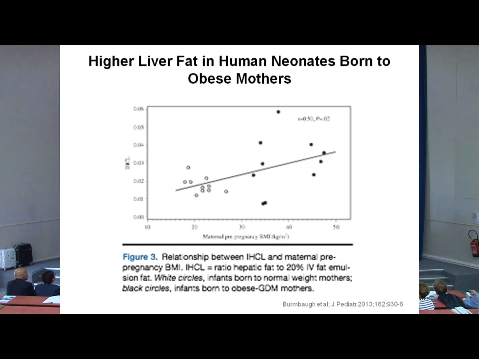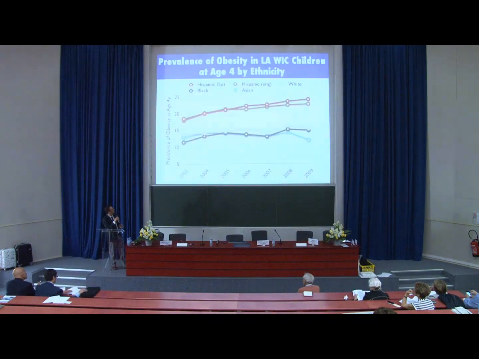Nonetheless, the main point of this study is that the initial metabolic signal, or what has been proposed as the first hit of maternal obesity on the newborn, is an elevation in newborn liver fat.